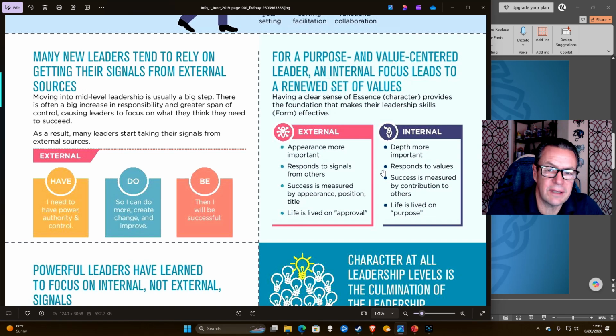It's like, I'm not that smart. And so if I don't understand, this has nothing to do with leadership. External: appearance is more important, responding to signals from others. Success is measured by appreciation. Life is lived on approval. Depth is more important, responds to values. Success is measured by contribution to others. Life lived in purpose.